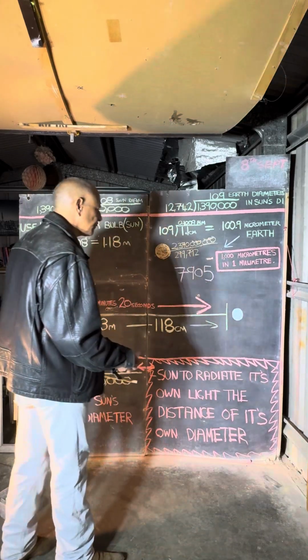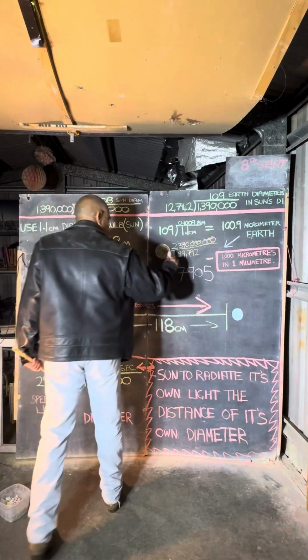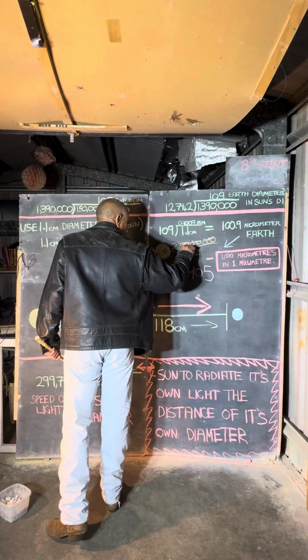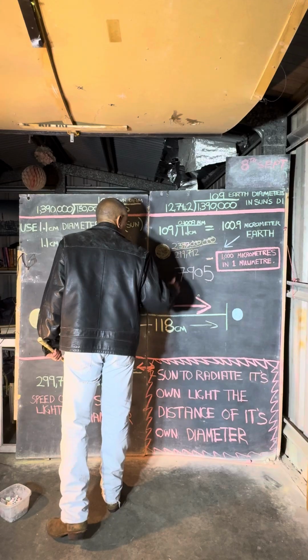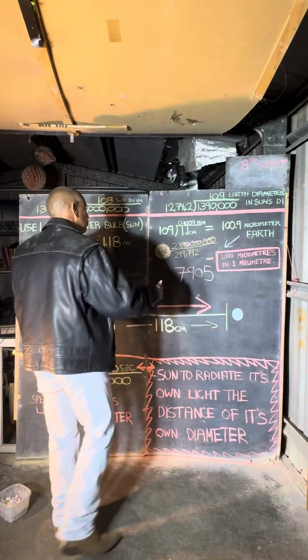I thought it was 7,908. I think that should be 2.377, so 2,377,000,000. So I'm pretty sure that's an 8.